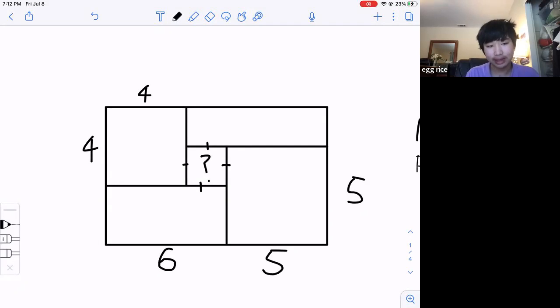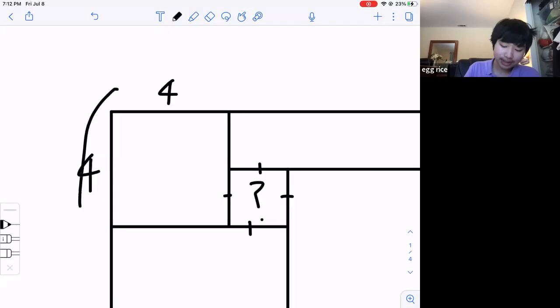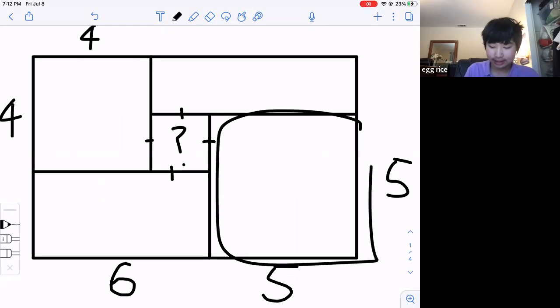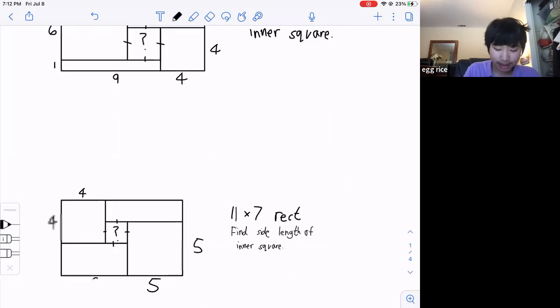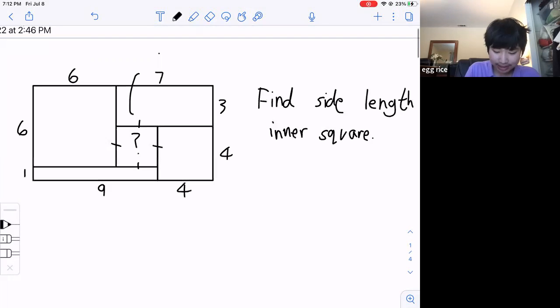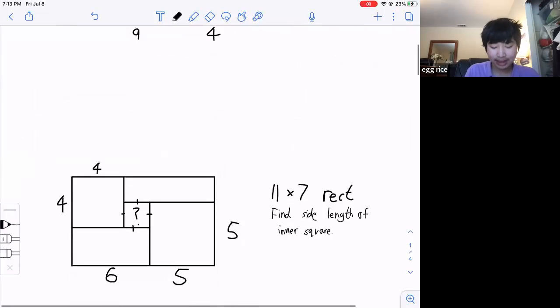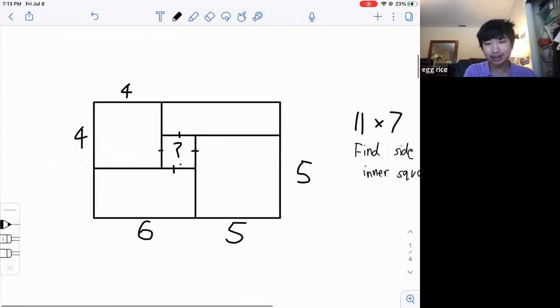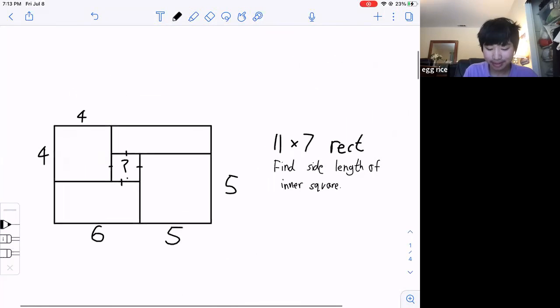This piece has side lengths of 4. This piece has side lengths of 5. And as we saw above, these rectangles had side lengths of 7 and 3. So basically, we're putting together a bunch of different shapes to form one big shape.